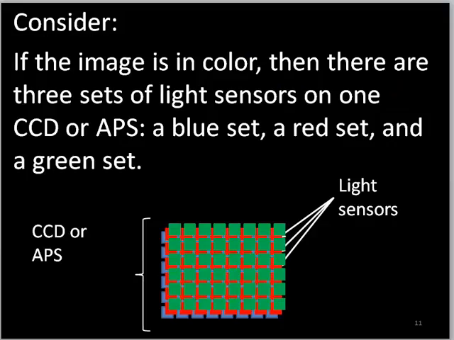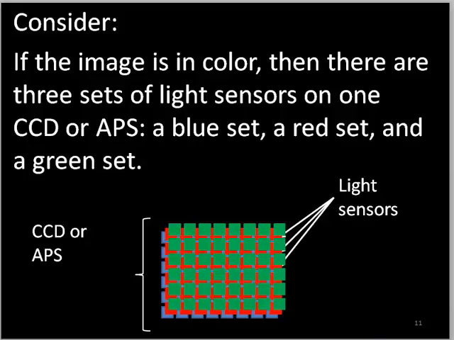Now let's look at the effect of color. If the image is in color, then we have 3 sets of light sensors on a single CCD or APS. We have 1 set for blue, 1 set for red, and 1 set for green.